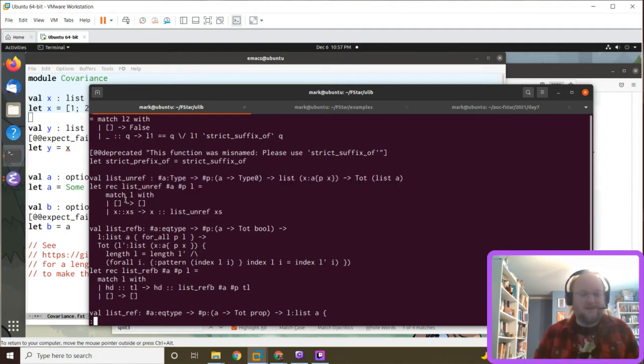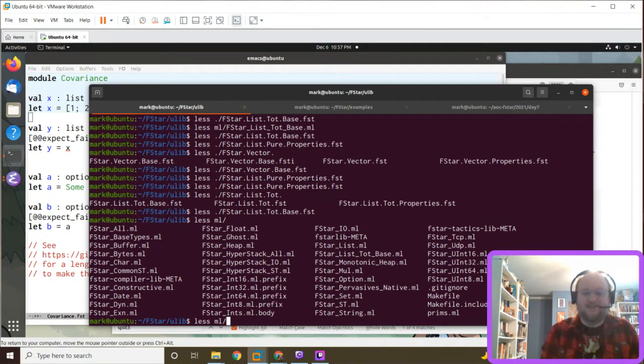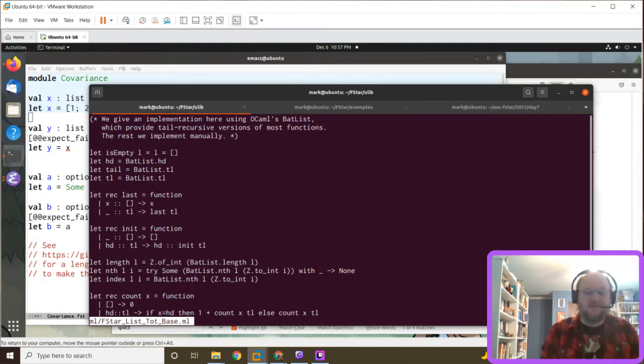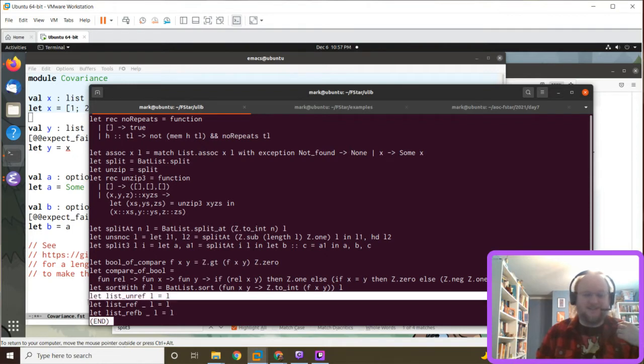And the answer is no, because that module actually has a direct OCaml file backing it, FStar.List.Tot.Base. And if we look at the translation of listref, it's just the identity function. It's not actually doing a copy.